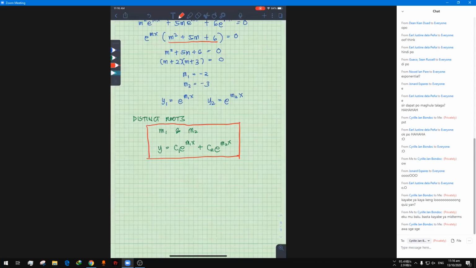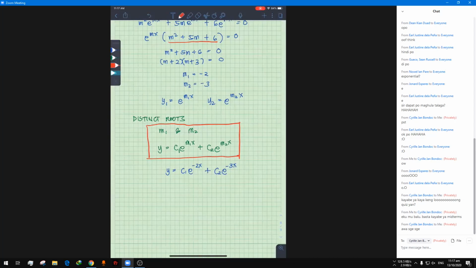Okay, so kunin mo lang yung roots and then substitute mo dito. So, on our case, general solution natin is y is equals to C1 e raised to negative 2x plus C2 e raised to negative 3x.